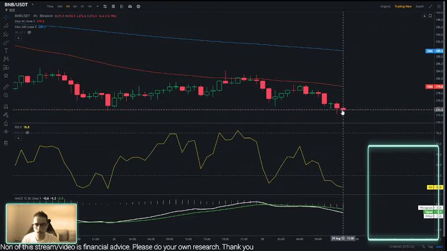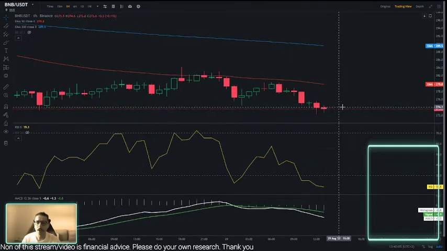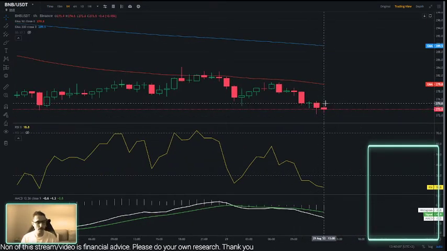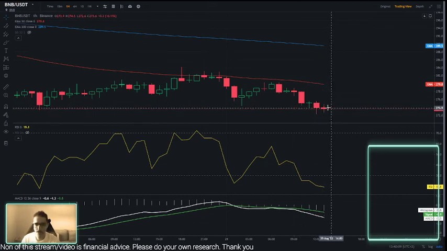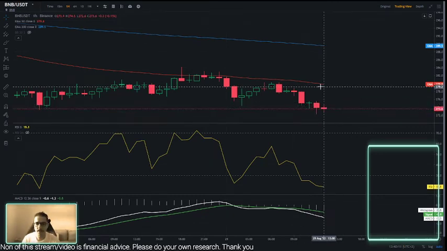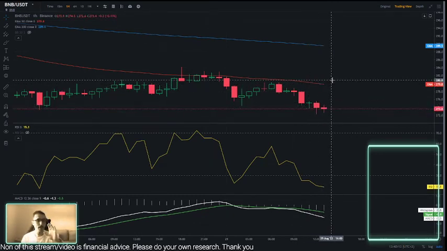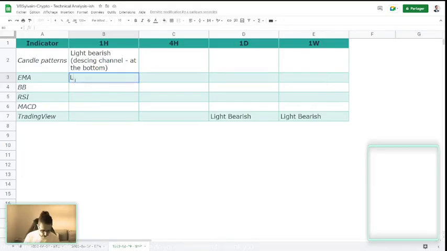So here we are way below it. We could put, as we usually do here, light bullish, expecting that this line here could work as a target for us. So light bullish, 50 EMA as target.